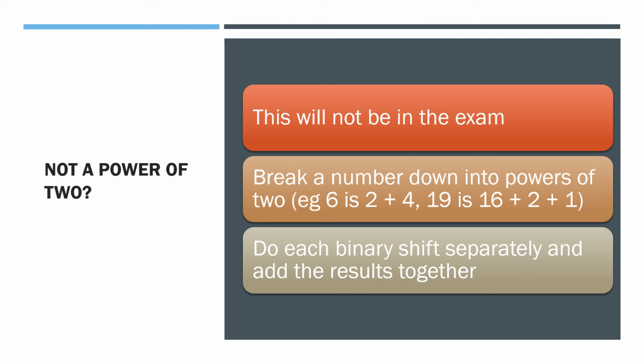Every number can be created out of powers of 2. And then you do each of those binary shifts, and then you add the results together. It's absolutely straightforward calculation, but it doesn't come up in the exam. So that's just as a point of interest, because I know, although I'm not there with you, that some of you will be asking that question in your own minds.